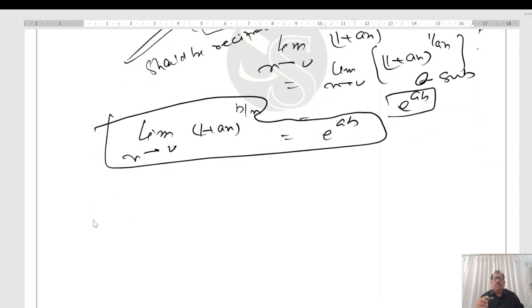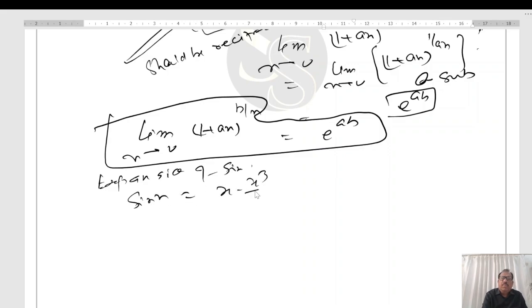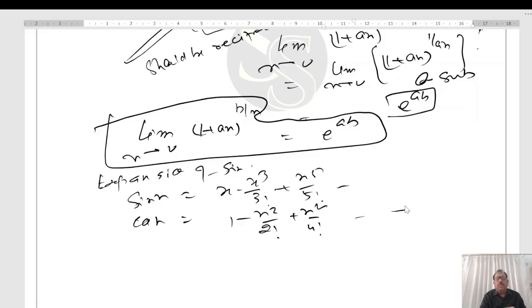Also, you know the expansion of sin x. Sin x can be written as x minus x cubed by factorial 3 plus x to the power 5 over factorial 5, and cos x expansion is 1 minus x squared over factorial 2 plus x to the power 4 by factorial 4 and so on, right?